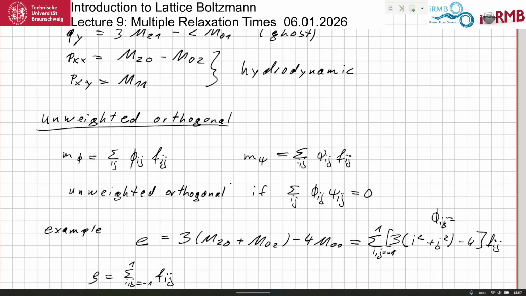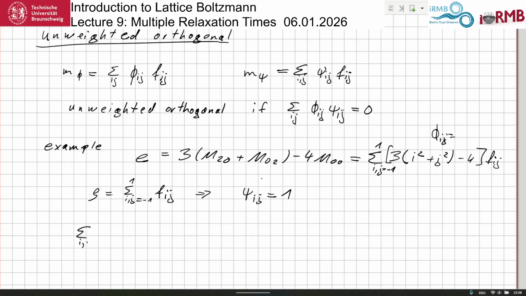Now there is no i anything, which means that for this, the kernel, call it psi ij, would simply be 1. So E would be unweighted orthogonal to rho if the sum over i and j from -1 to 1 of phi ij psi ij is zero.